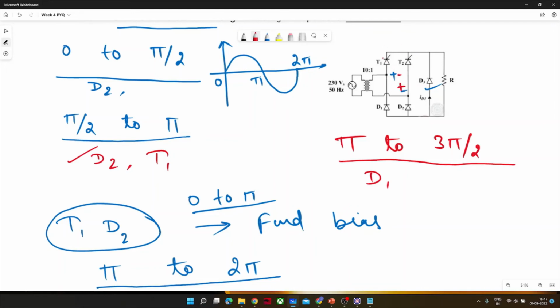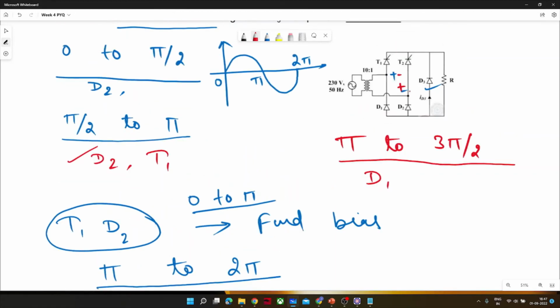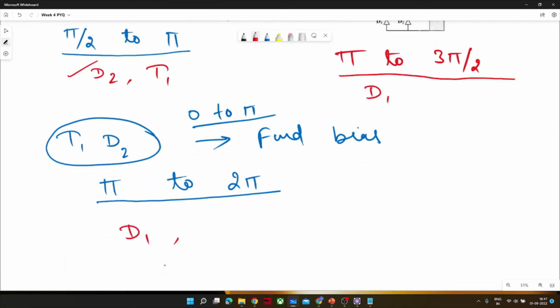So now T1 would be reverse biased and D1 would be forward biased, because the negative terminal is connected to D1. The positive terminal comes across T2 and the cathode of D2, so D2 would be off.